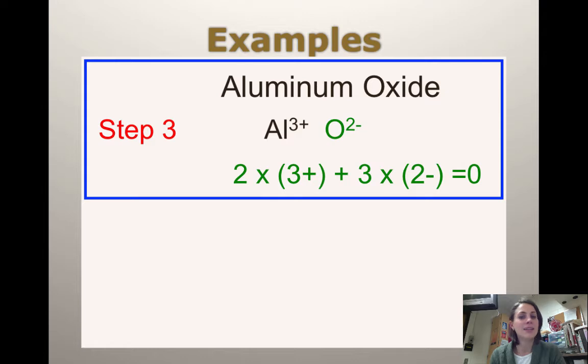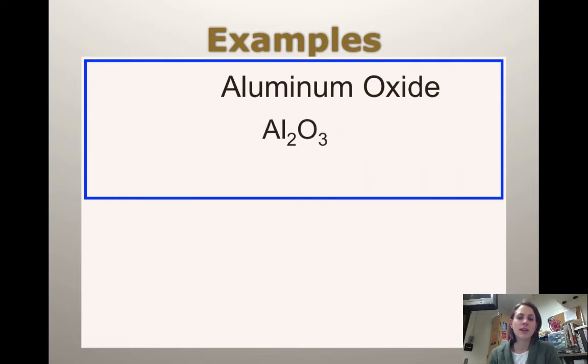I'm going to make these add up to +6 and -6. So that's what I see on each side happening. So I need 2 positive aluminum ions, each with a +3 charge. I need 3 oxygen ions, each with a -2 charge. And when I make my formula, that becomes Al2O3.